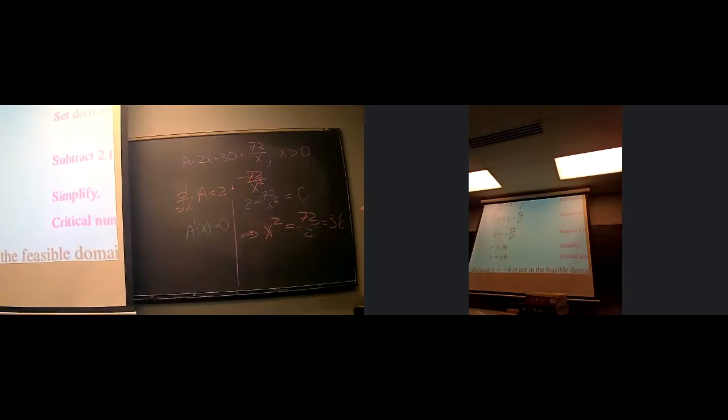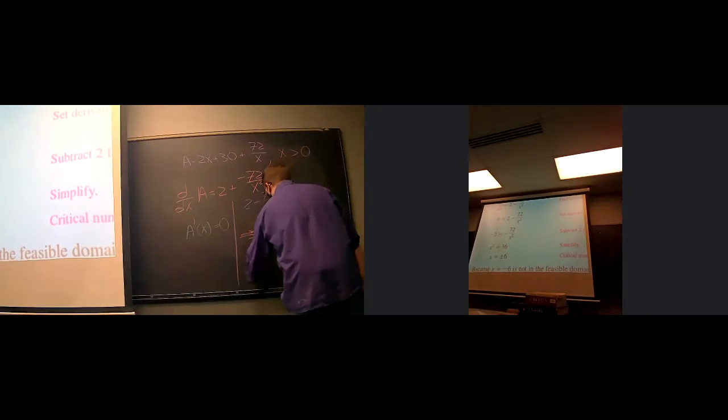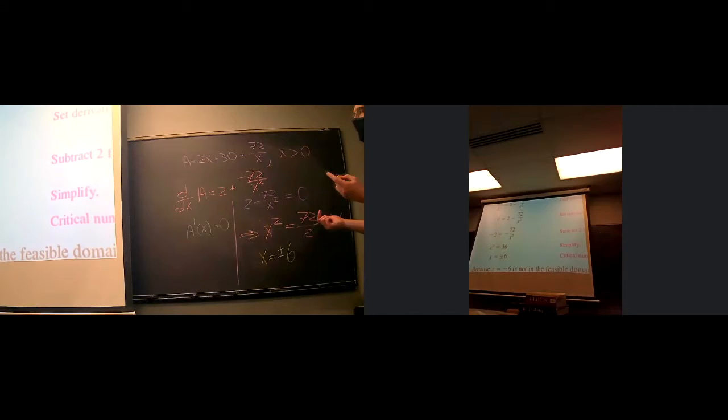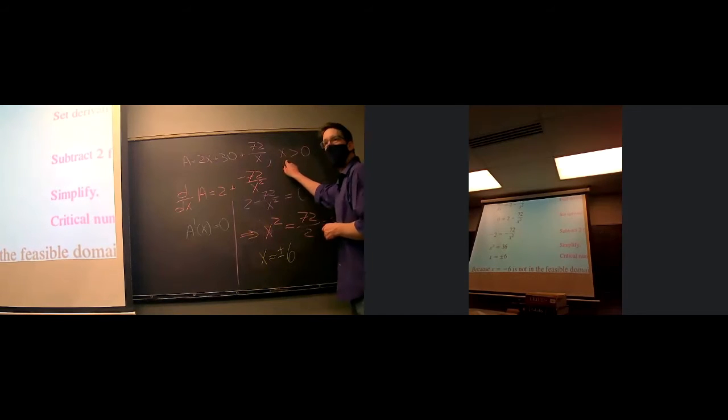So from this, we get that x is equal to plus or minus 6. But we said that x has to be positive, right? So automatically we can throw out that negative 6. Yeah?